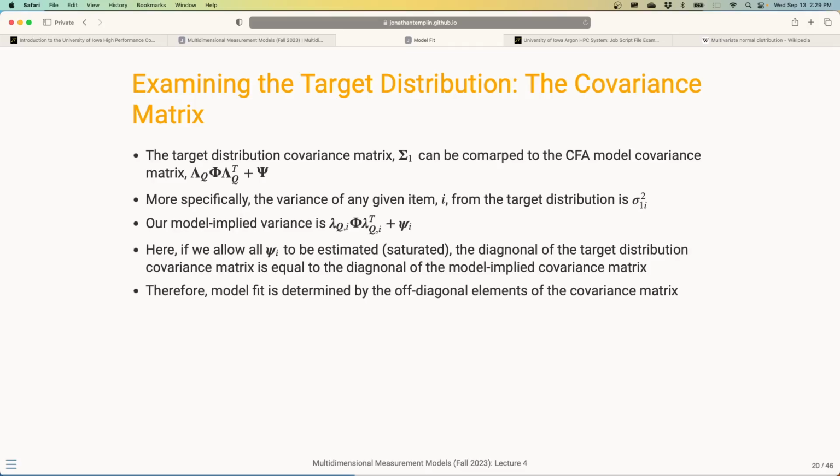The diagonal has a term that's loadings times factor covariances times loadings transpose, plus residual variances, or unique variances. So yet again, if this first term doesn't fully incorporate the variance that shows up in the data, our model is not going to have a problem with that, because we're just going to estimate a variance that fills in the difference, so long as, of course, the variance stays positive. That's usually not a problem.